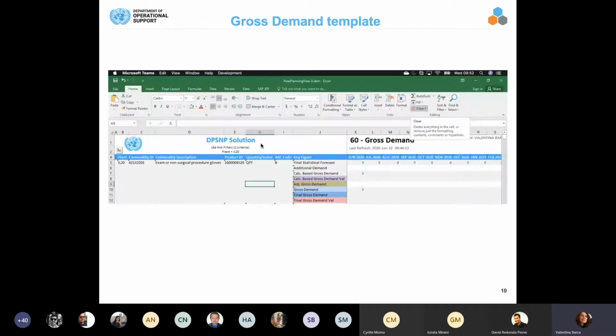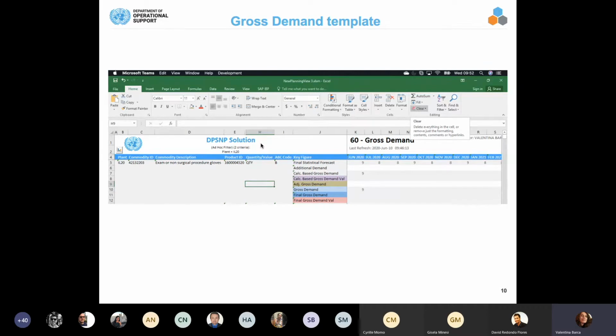I'm sure we're going to have a discussion on that, so I am going to show you how the gross demand looks. You can see the calculation-based gross demand value coming from the dollarization is over there, on top of that, not underlining color. You have the final statistical forecast and the additional demand.